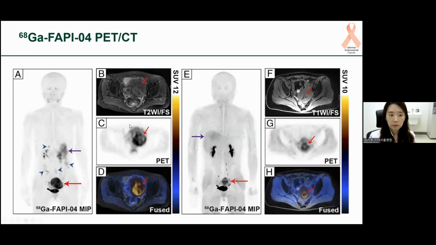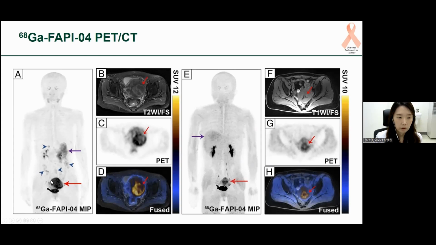This is another case evaluating a uterine mass using FAPI PET-CT. This patient has gastric carcinoma, and FAPI PET was performed. It showed high FAPI uptake in the stomach area and also multiple uptake regions in the peritoneum suggesting metastasis.